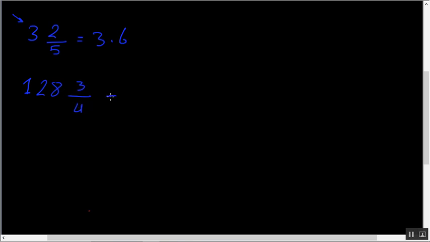We want to convert to decimal form. We can say 128 is the whole, and here 3 over 4 equals 0.75, so it will be 128.75.